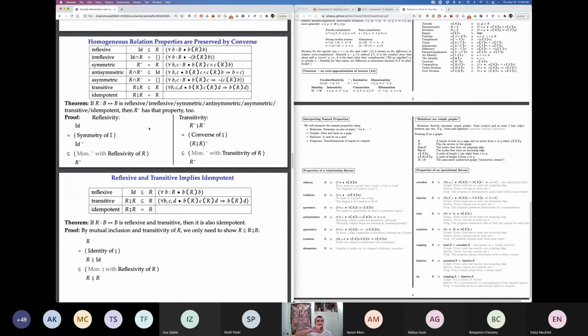Transitive means if there's ever a path of length 2, then I can turn that into a path of length 1. And if I change perspective and the arrows face the other way around, I have a path of length 2, and I can make it into a path of length 1. So you can have a visual appeal to these set theoretic operations.